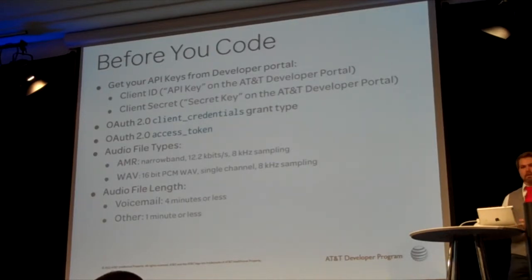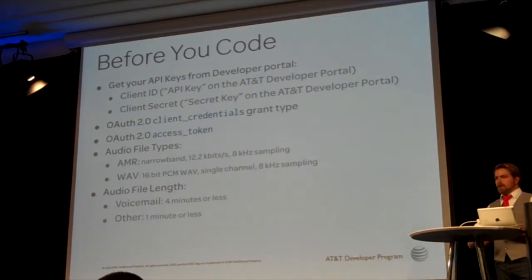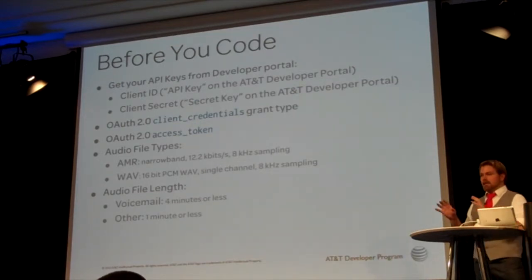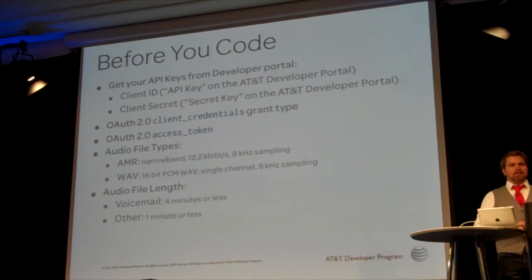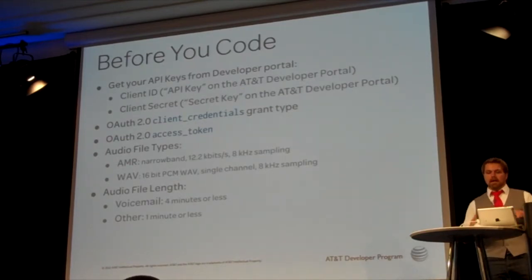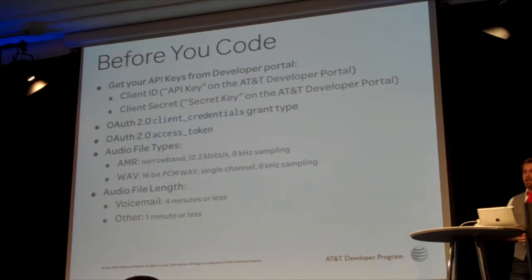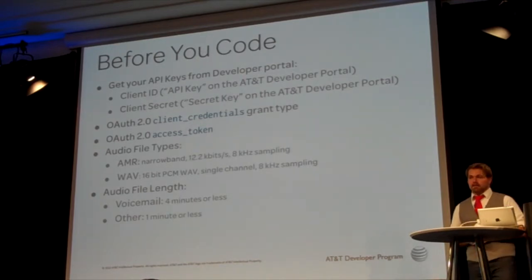If you're not familiar with OAuth 2, there's a variety of different grant types that you use to authenticate either a user or a client with a service, and to make sure that you are who you say you are. This uses a client ID and a client secret. On the AT&T developer portal, the client ID is called your API key, and the client secret is called your secret key.